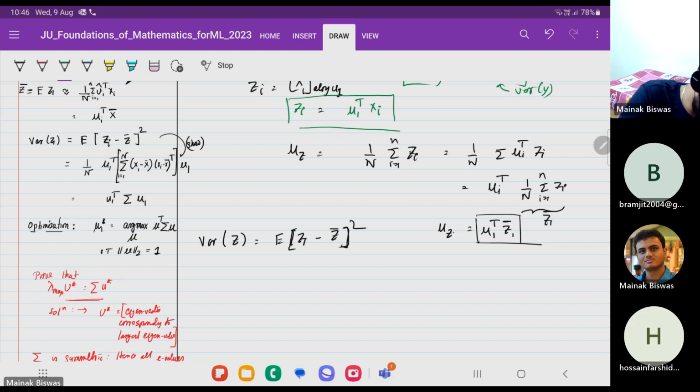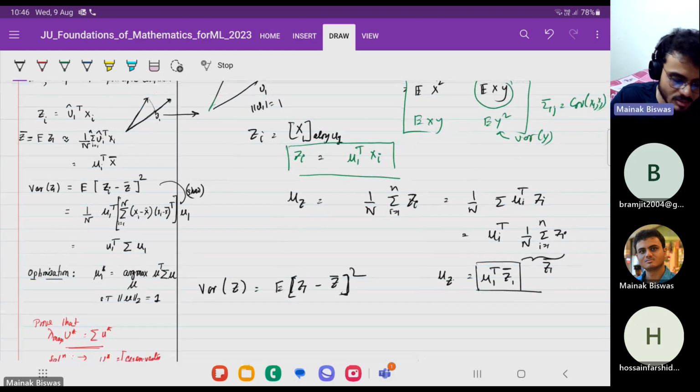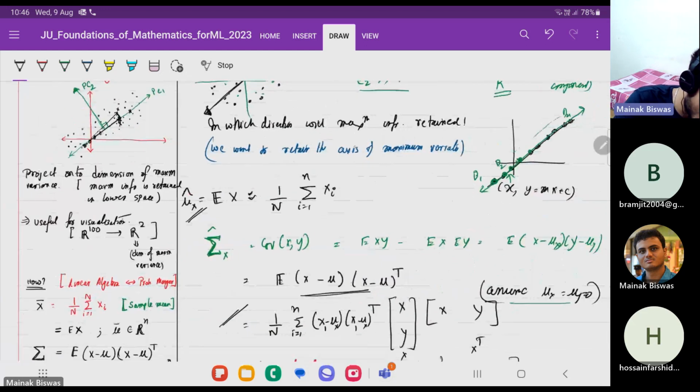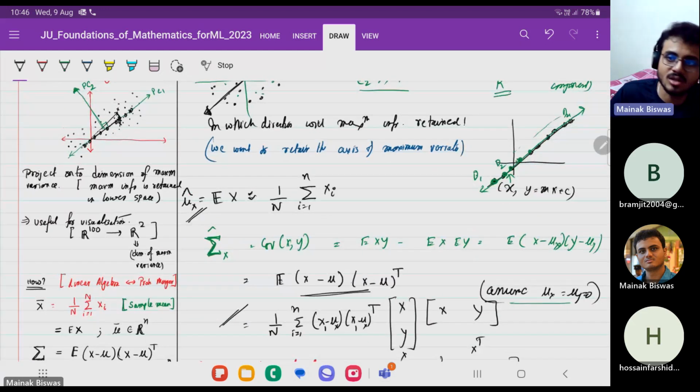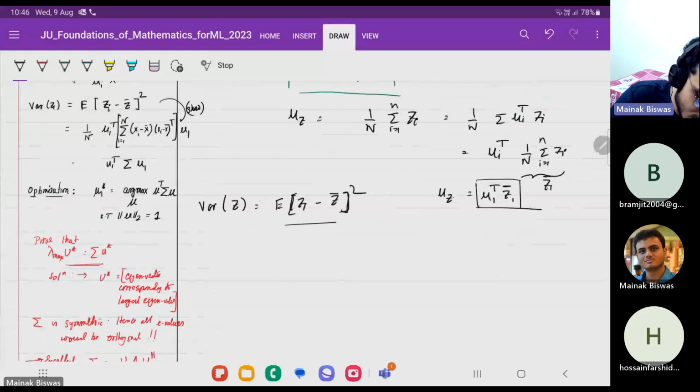My word. Why am I not able to explain? Or you are not understanding? I'm going very slow, right? So I have got the mean of all these projected data points, and I want to project along the direction of the maximum variance. Yes or no? So I want to find u such that it maintains the maximum variance. So what does this mean? Zi minus Z bar.